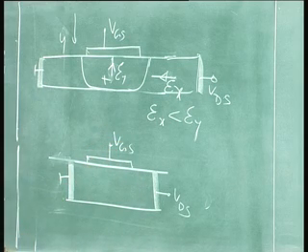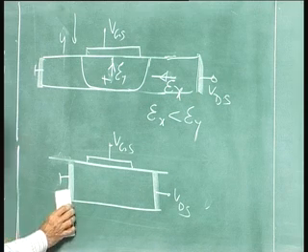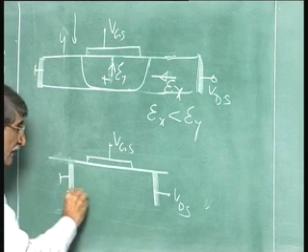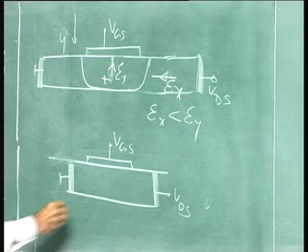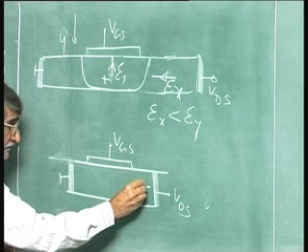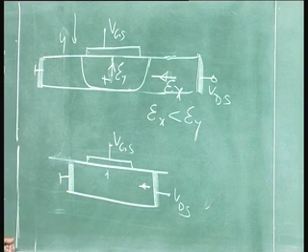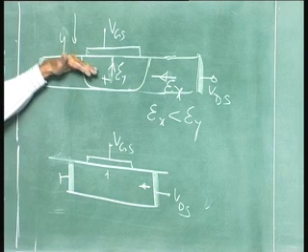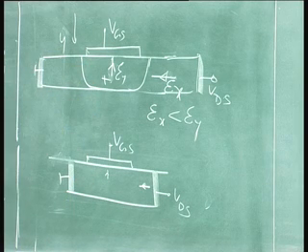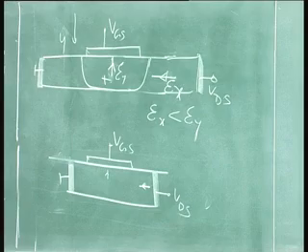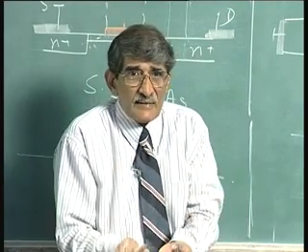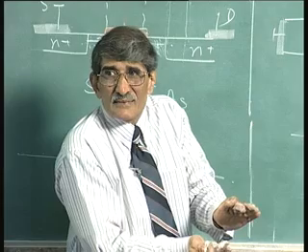Now, what will happen will be, because this field is large compared to this particular field, the depletion layer will not just come down vertically. Even if it is one dimensional, even if it is cylindrical, it will not come like that. The whole thing will get dragged down to the other side.